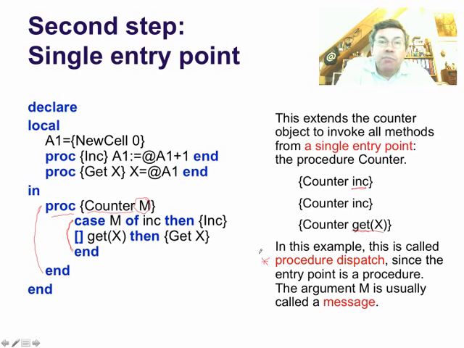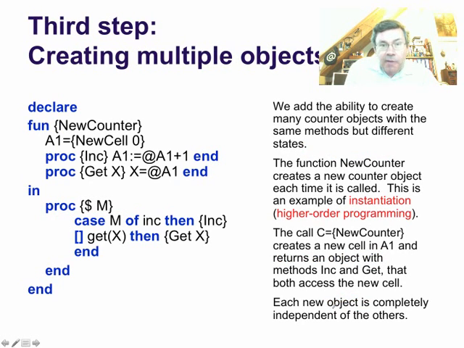The dispatch is the process of choosing the method that corresponds to the argument. And the argument is usually called a message. Okay? So this is the second step, single entry point. The third step is maybe we want to create multiple objects with the same methods but different states.